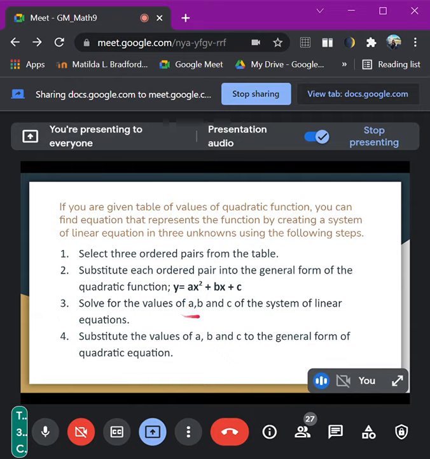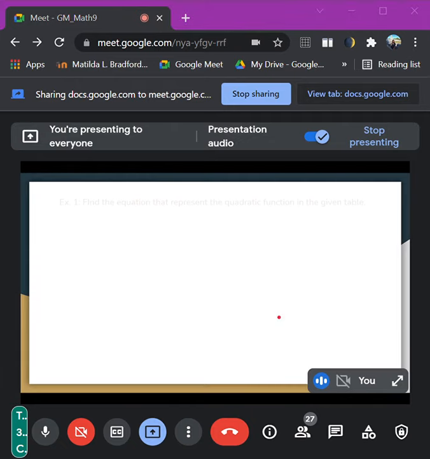Okay, thank you. So what you got as the values of a, b, and c, you will substitute back into the general form. And that is now your final answer. Since our final answer is the quadratic equation of the quadratic function. Now we have here example number 1.